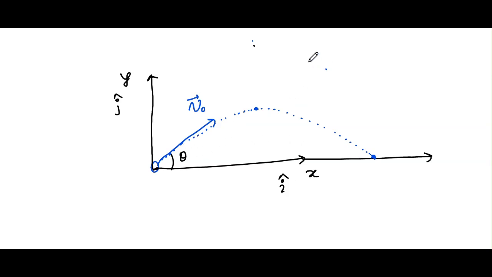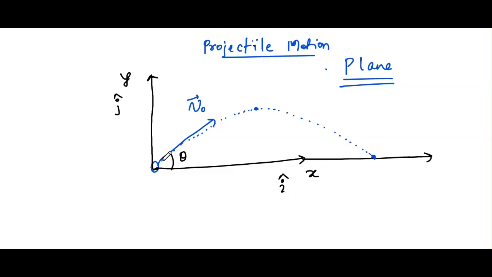This motion is in a plane, a vertical plane. Here we are taking the plane to be vertical. The body is called projectile, and its motion is called projectile motion. And the path followed by this projectile is called trajectory.